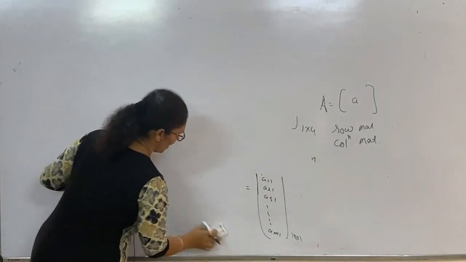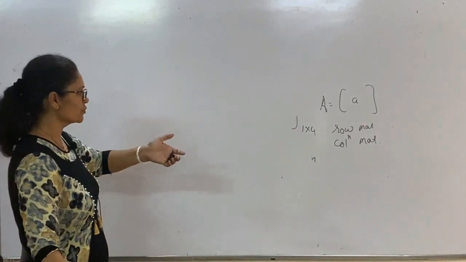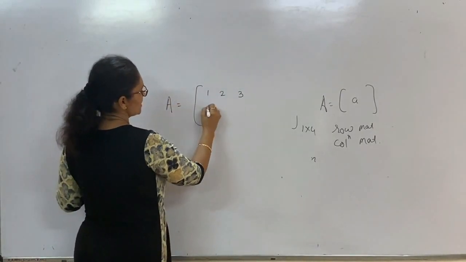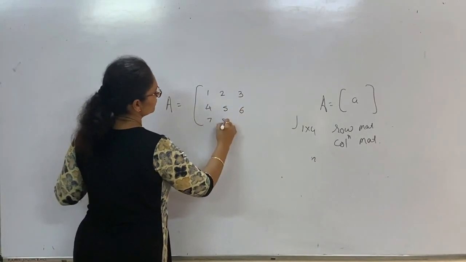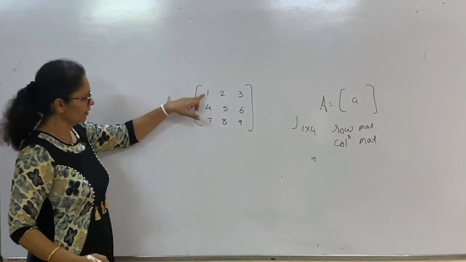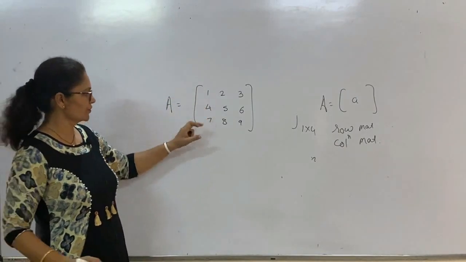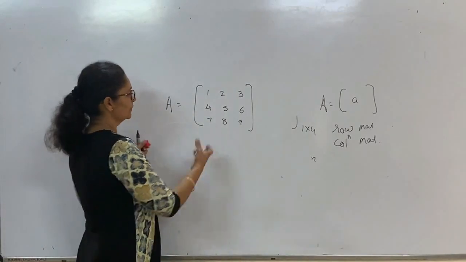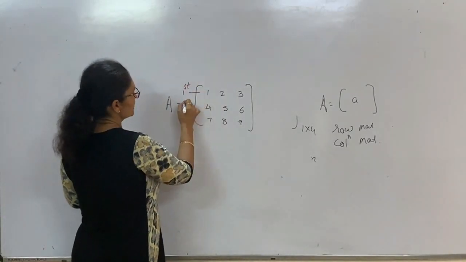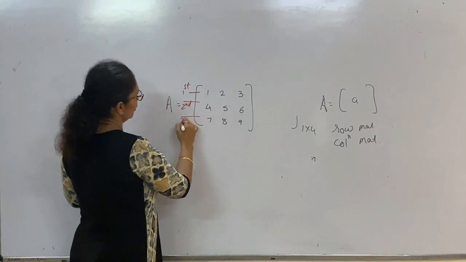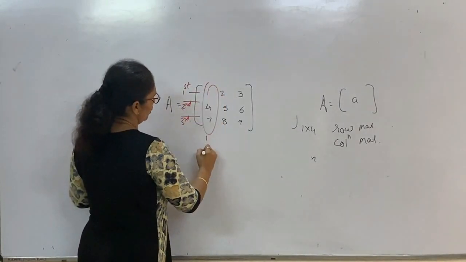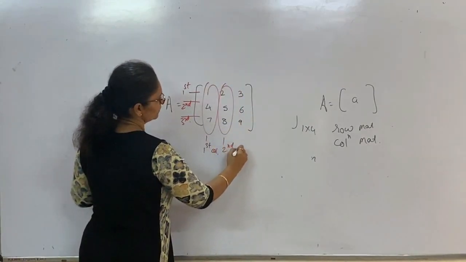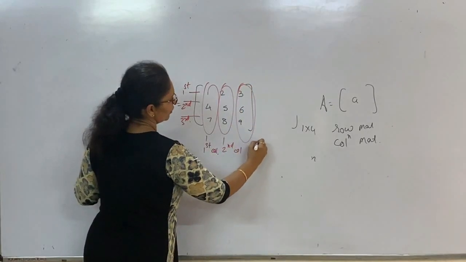Now after completing these two, the third one is square matrix. What do you mean by square matrix? The word square itself shows that the number of rows and columns is the same. See, I have taken first, second and third rows, and first, second and third columns.